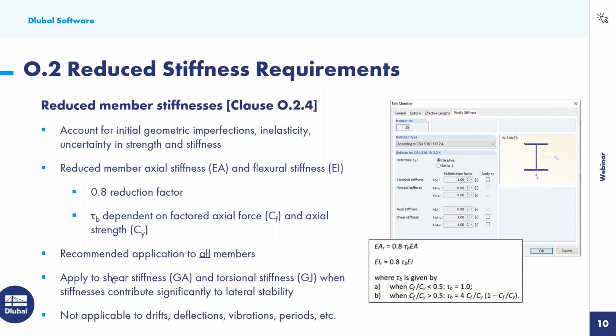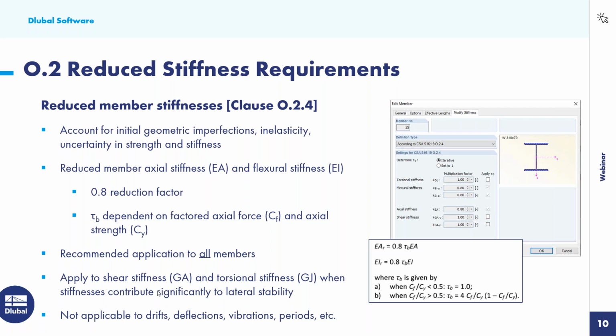Now, we should also consider applying the stiffness reductions to the shear stiffness, GA, and the torsional stiffness, GJ, when those stiffnesses contribute significantly to the lateral stability. And this is a big difference here between the AISC and the CSA standard.